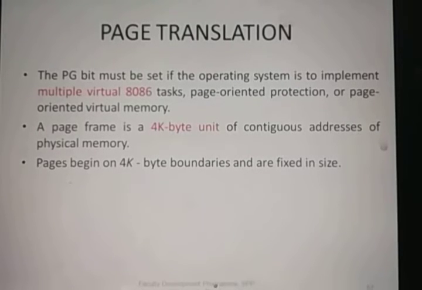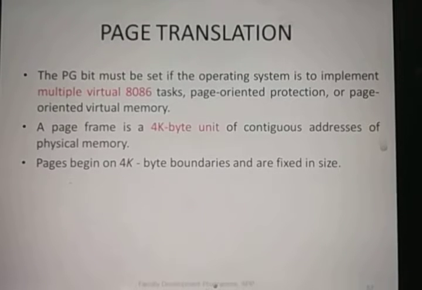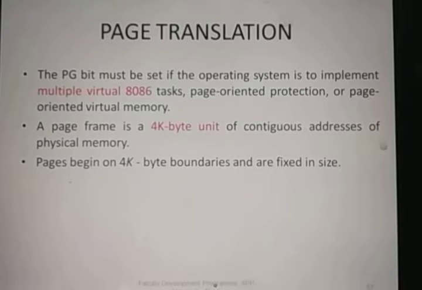For proper utilization of memory, you divide it into segments of different sizes. But when you divide these segments into pages, each page has a fixed size, and the page size is 4K bytes.